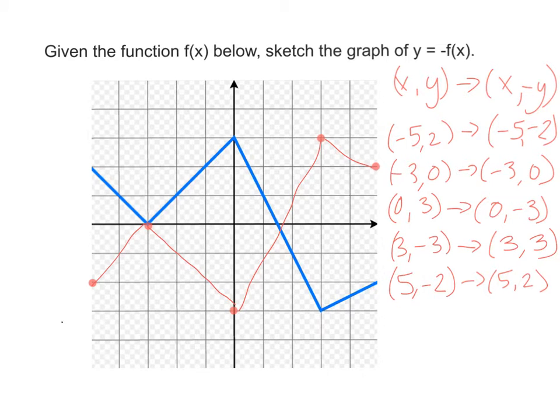How many invariant points are there? So there's this one, right, that we had listed, the negative 3, 0. Where's the other one?